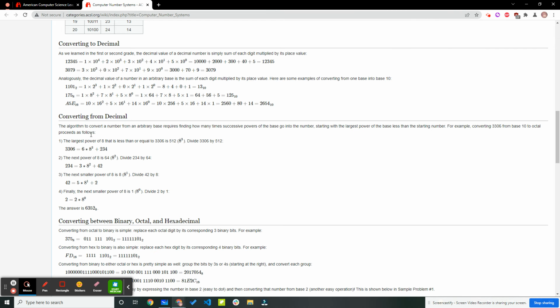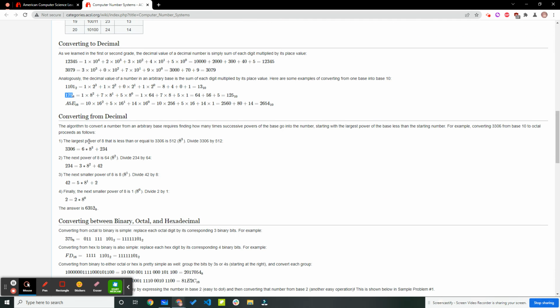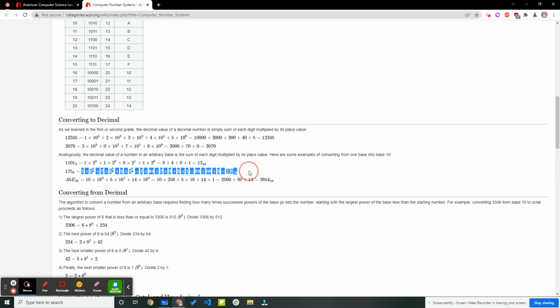Next, we're going to talk about converting from hex or octal to decimal. Octal is base 8, so that's 1 times 8 to the power 2, since this is the second place value, times 8 to the power 1, times 8 to the power 0, and then you just solve that. Since it's base 8, you use 8.